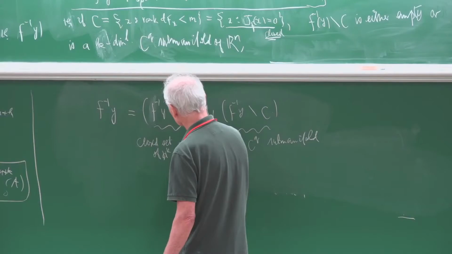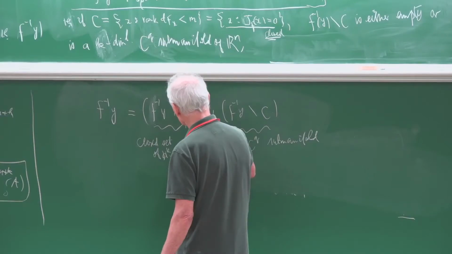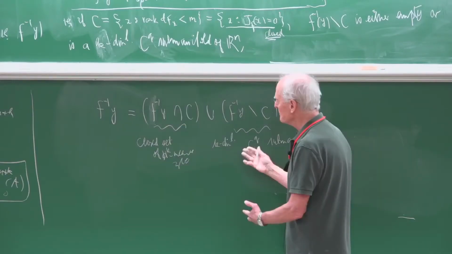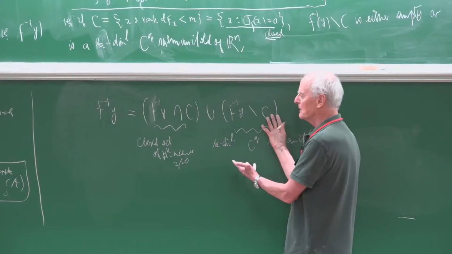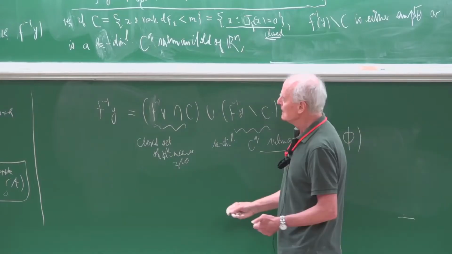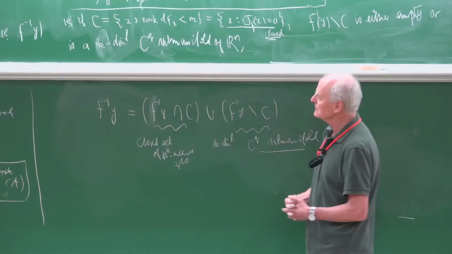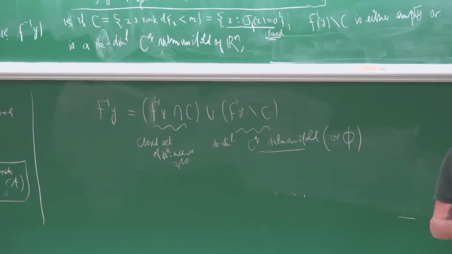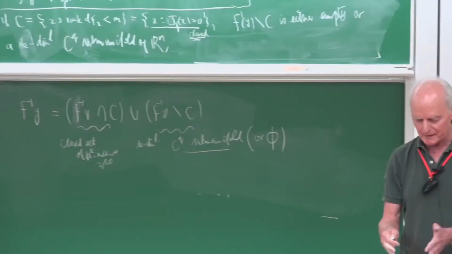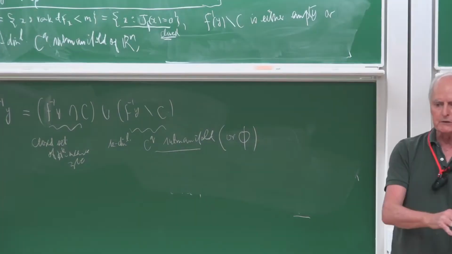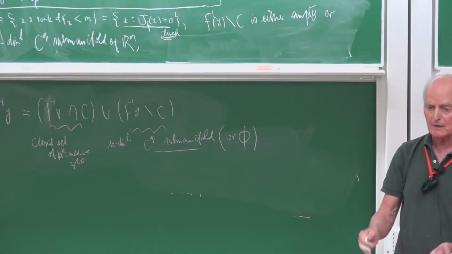So you can always decompose. Of course, this could be empty, keep in mind, but if it's not empty, then it is a C^q submanifold. So I should say, or empty set, one of the two. So this says that you can always decompose every one of these slices into a closed bit which has k-dimensional Hausdorff measure 0, plus a bit which is a k-dimensional C^q submanifold. Very important fact. So we'll take a break there for a few minutes.